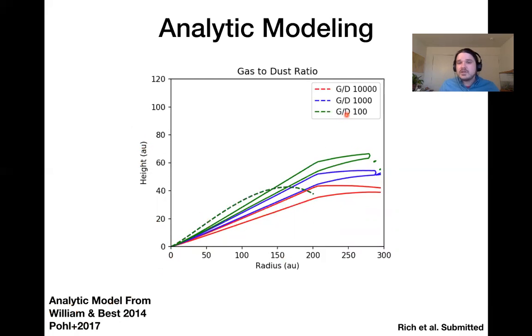And you can see that as we increase the gas to dust ratio, we decrease the observed scattered light small dust grain height. The global gas to dust ratio might be an explanation for the features we see and why objects like IM Lup are very different from objects like CU Cha.